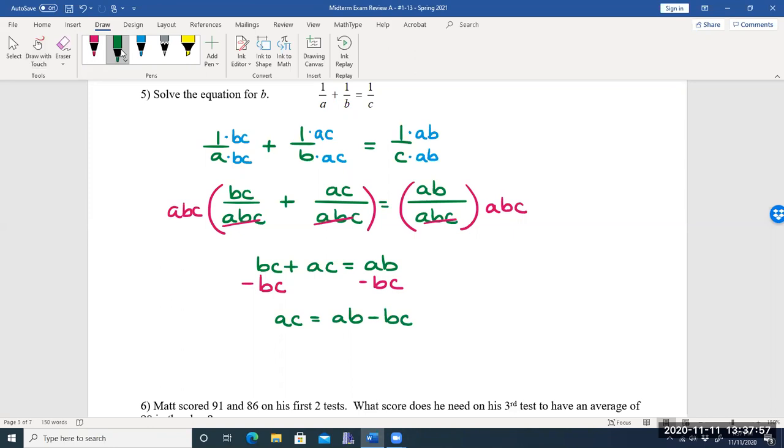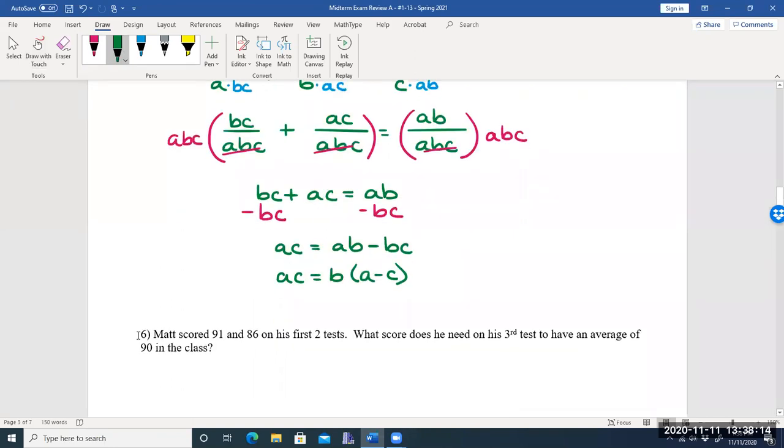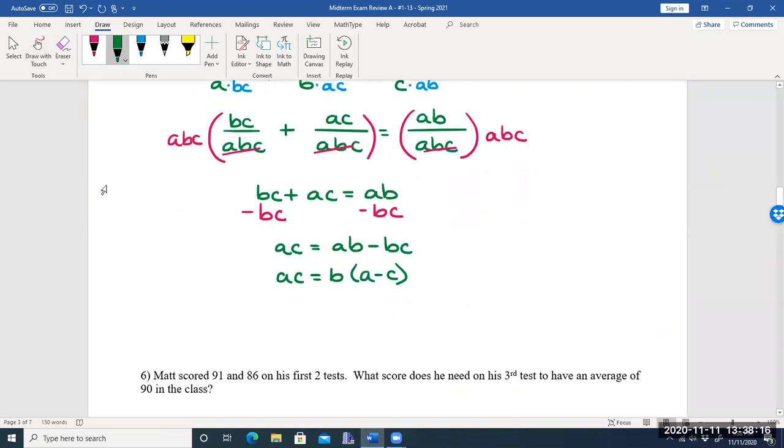And then I'm going to factor out the B, take it out. Basically, it's a GCF of the right side of the equation. And then the last thing I'm going to do is divide both sides by A minus C, because the B is being multiplied times that.